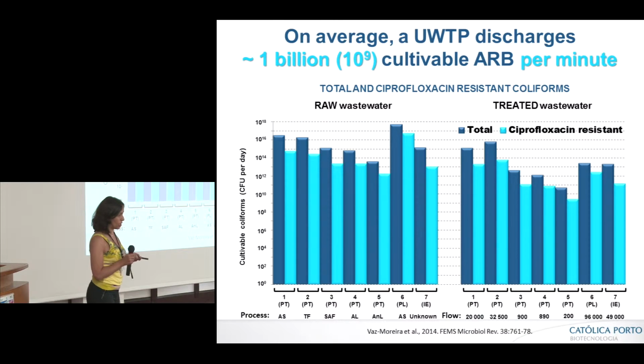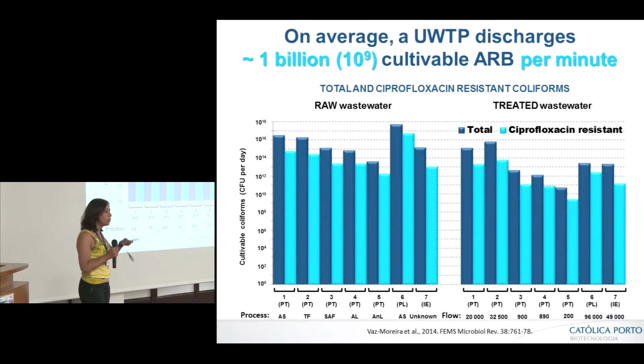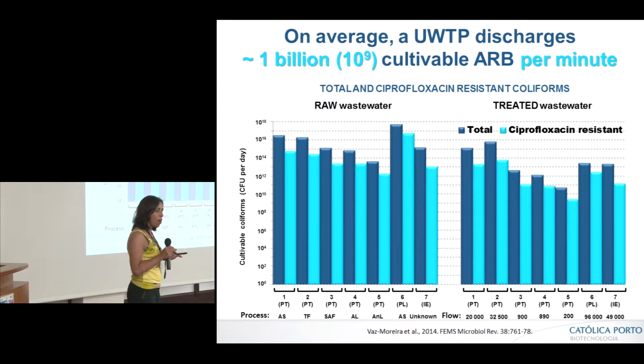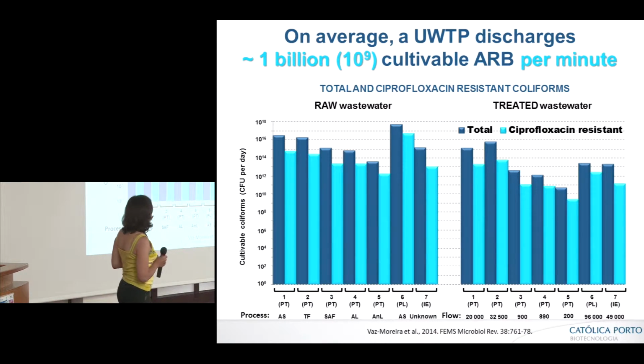This is a huge amount of antibiotic-resistant bacteria being discharged continuously, 10 to the 9 per minute. And this is probably an underestimation of the real number. So this is a reality, and apparently it is occurring everywhere.